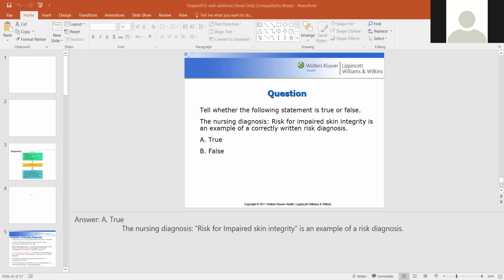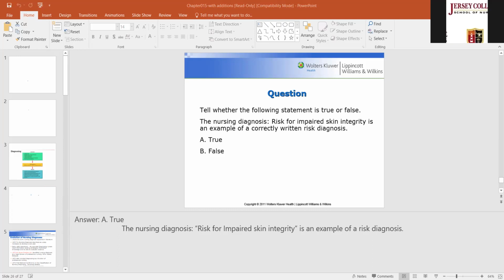But when I reread the question, it says the nursing diagnosis, but in the end it says risk diagnosis. So that made it more specific, and now I can understand why that is correct. But if the question was worded differently, I think we should look for at risk for or related to. Am I correct, Ms. Loesch?